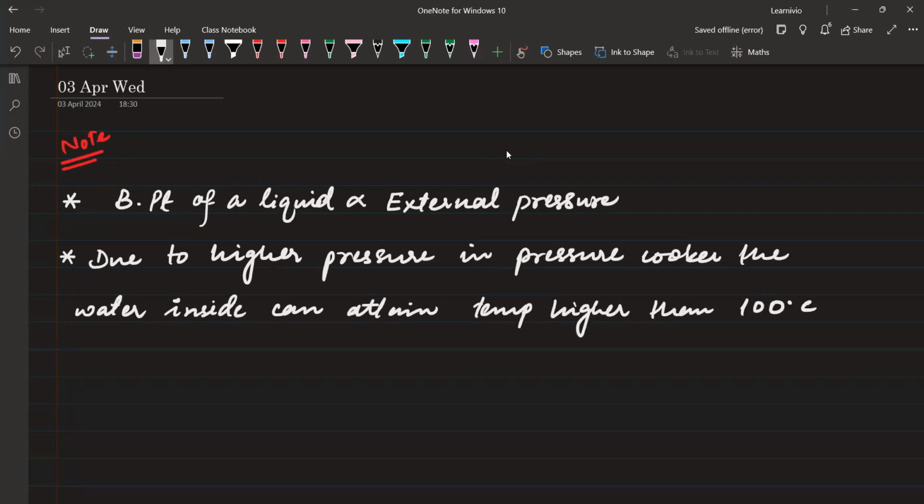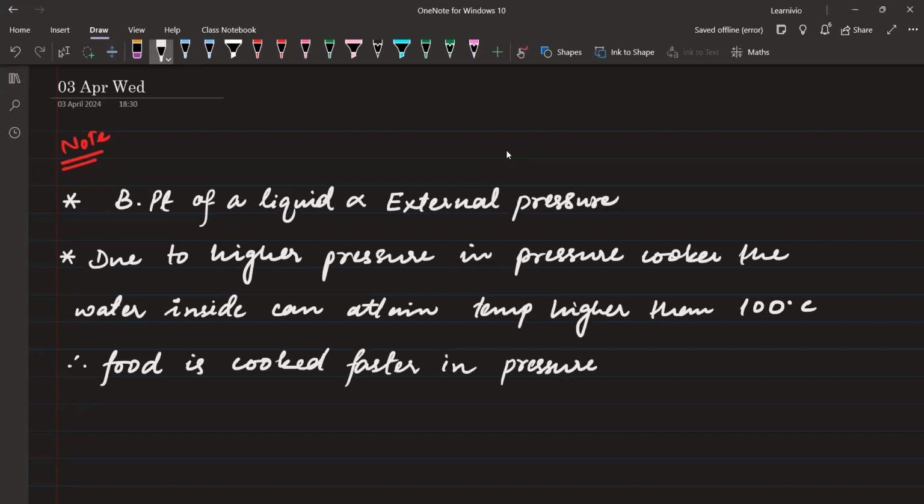And in short, what is happening? The boiling point of water is increasing. Therefore, food is cooked faster in pressure.